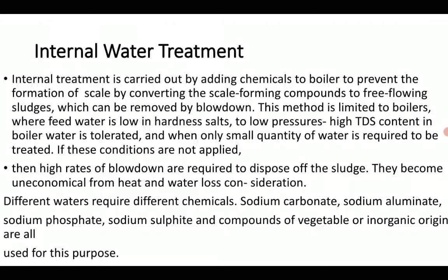These are the chemicals used to remove the scaling, and this scaling is removed as sludges, and these sludges are removed by blowdown. Okay, I think you understood the internal water treatment.